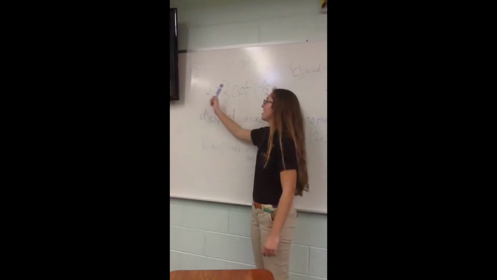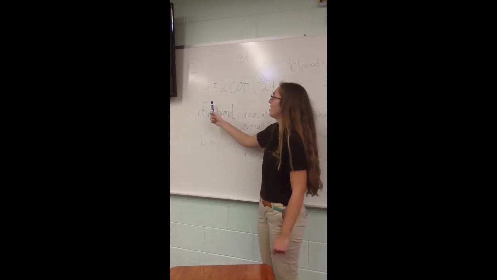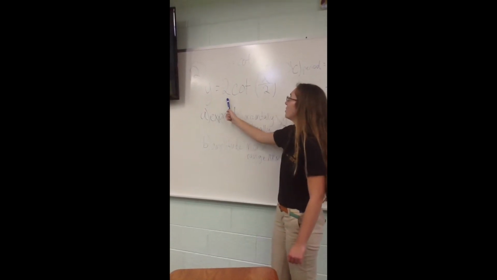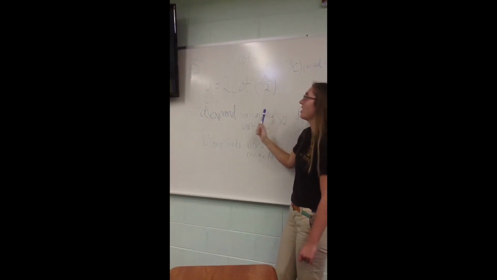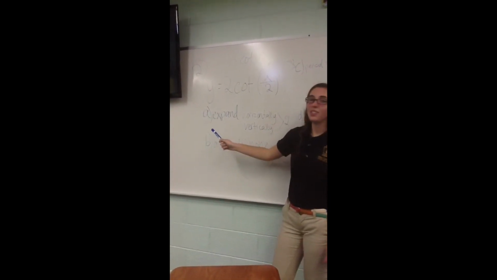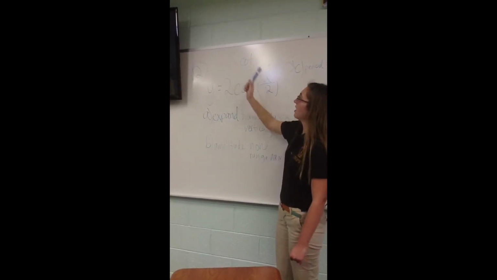The equation is a cotangent, which is the inverse of tangent. And the equation is y equals 2 cotangent parentheses x over 2 parentheses. First we find how it deviates from the original equation, cotangent x.